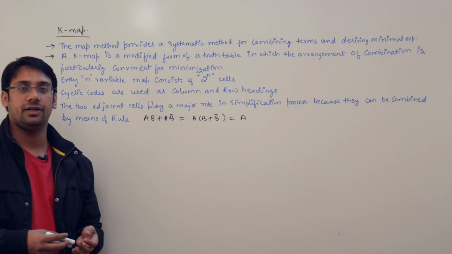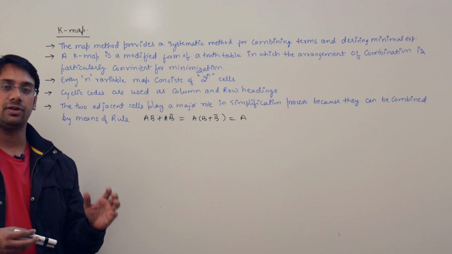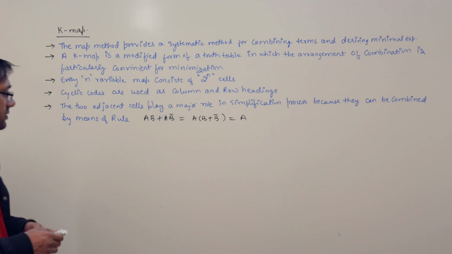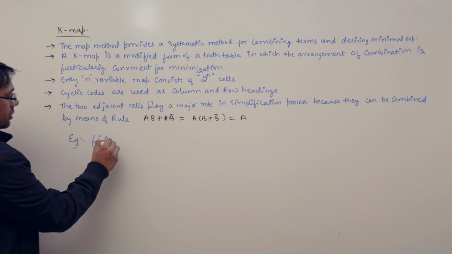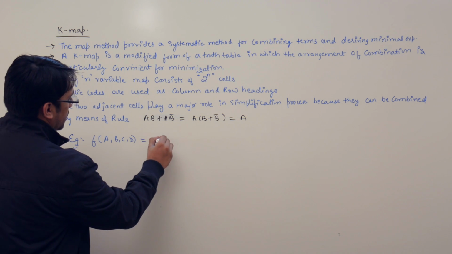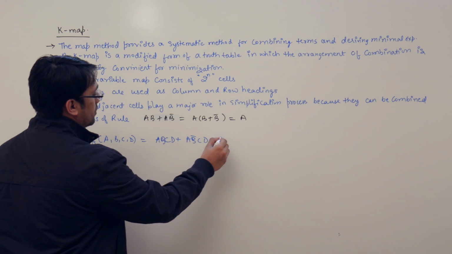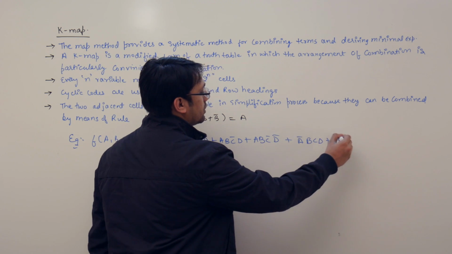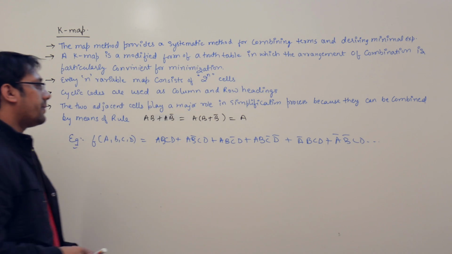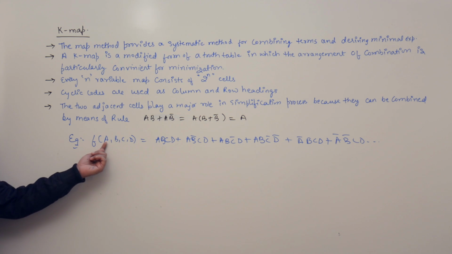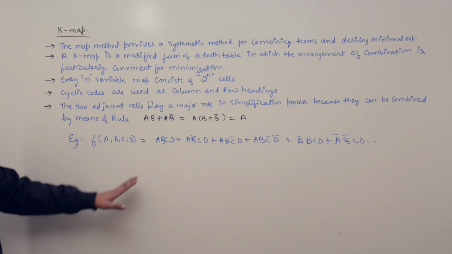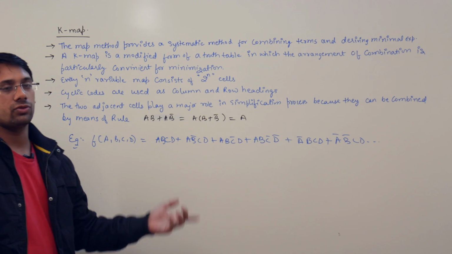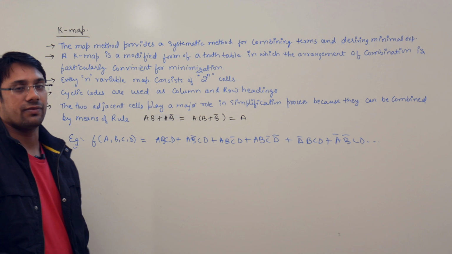Sometimes when you combine different terms in a Boolean expression, if there are more than 3 or 4 Boolean variables, for example f of a, b, c, d equals abcd plus ab complement c plus abc complement d plus abc complement d complement plus a complement bcd plus a complement b complement cd, and so on, then such an expression becomes very difficult to solve, because with 4 variables we have at maximum 16 minterms.